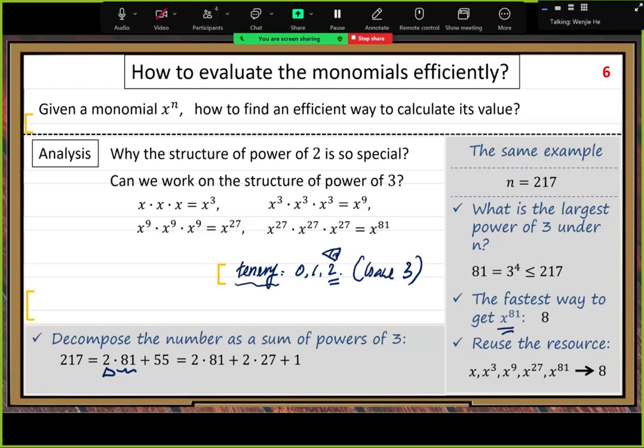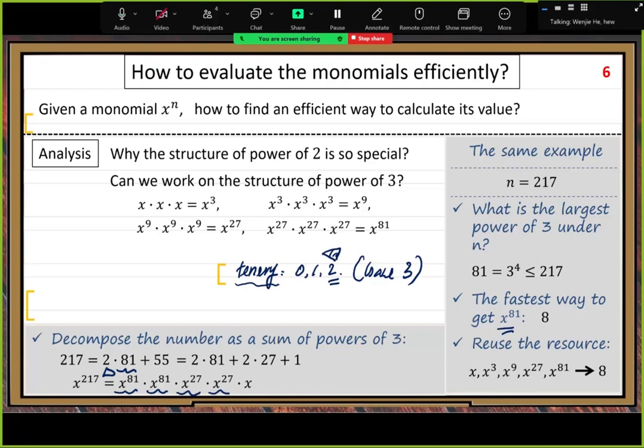With this decomposition, we can write our last round multiplication. Last round: x to the 81st twice, x to the 27th also twice, then x.